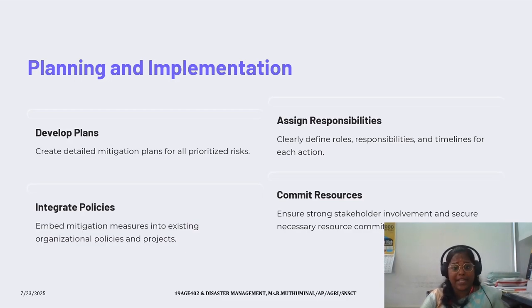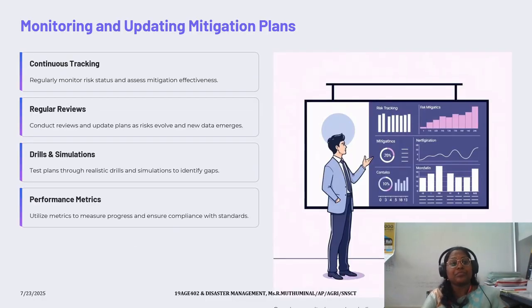After developing a mitigation plan, we can clearly define the roles, responsibilities, and timelines for each action under assigned responsibilities. This will help us to integrate the policies, embed the mitigation measures into existing organizational policies and projects, and also commit the resources, ensure strong stakeholder involvement, and secure the necessary resource commitment.